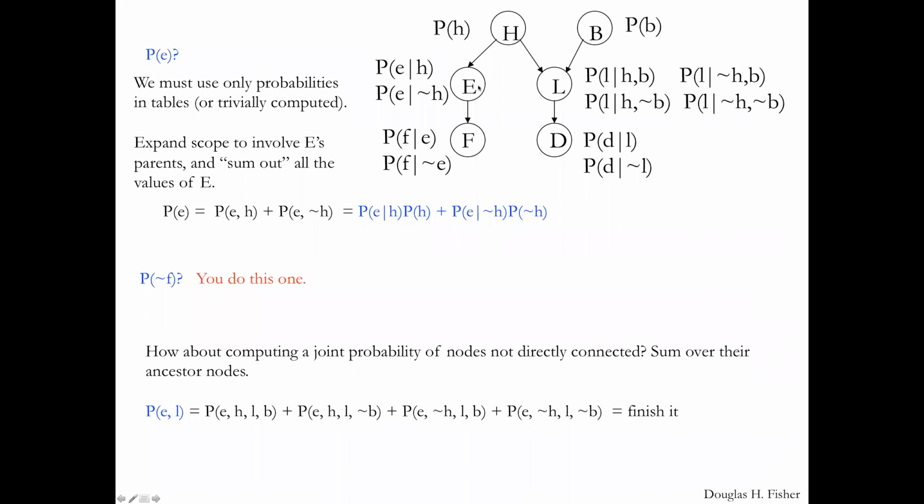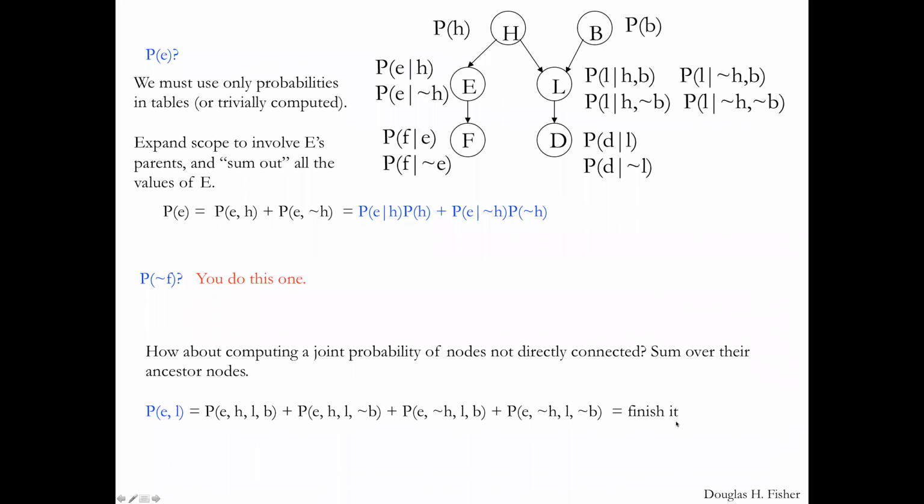E and L, let's take a look at the joint probability here. This is somewhat different than we've seen before. These are not directly connected. But in this case, if I want to compute the joint probability of E and L, I would still expand the scope of this joint probability to involve patterns that include all the parents of both E and L. So I would be introducing H and B, and I would be summing over all patterns of H and B. And this sum is going to give me this joint probability.